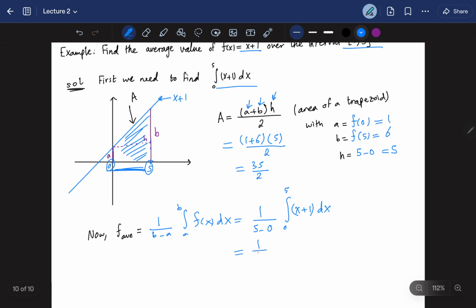So this is 1 over 5. So let me just write it. This whole thing is equal to your area, because an integral is just an area under a graph. So I already know that my area is 35 over 2. So this is just 7 over 2.